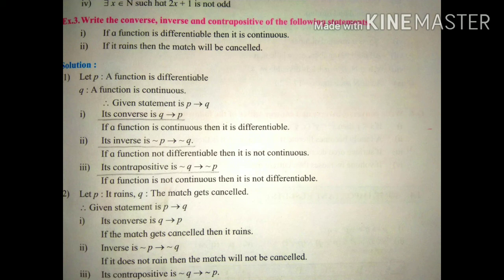Your symbolic form for the given statement is P conditional Q. Then first one is converse, its symbolic form is Q conditional P. Conditional is if and then statement, so write it as if a function is continuous, then it is differentiable.